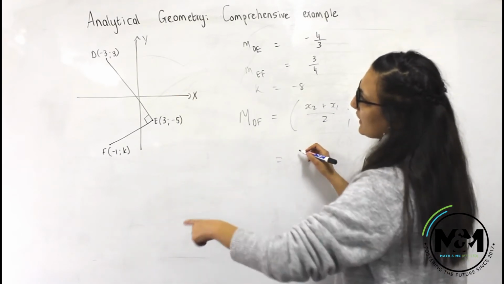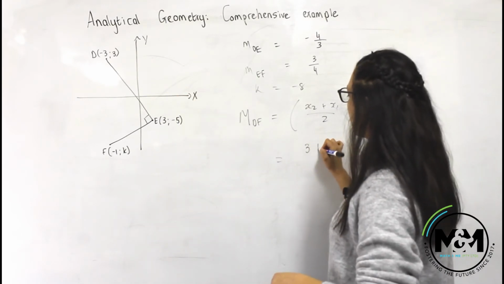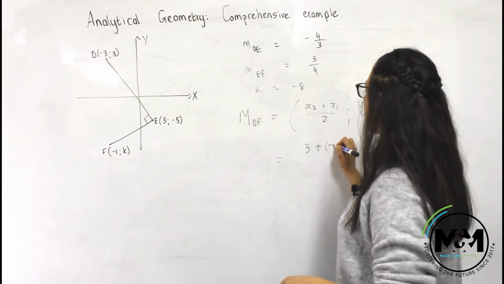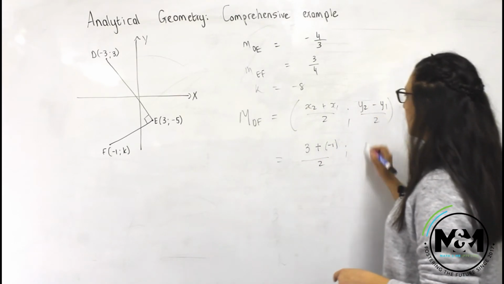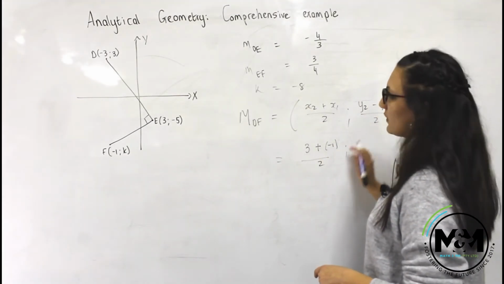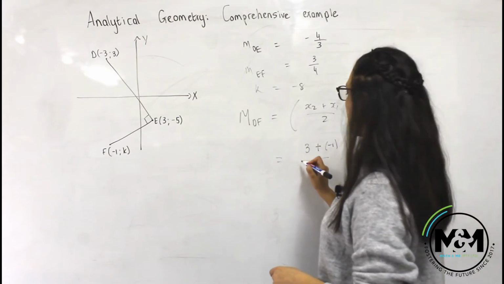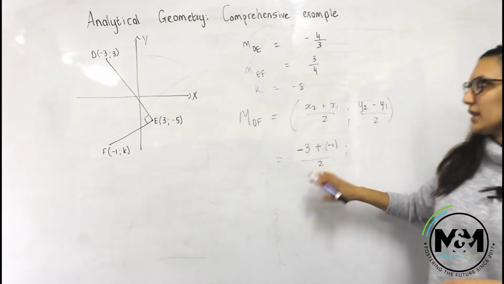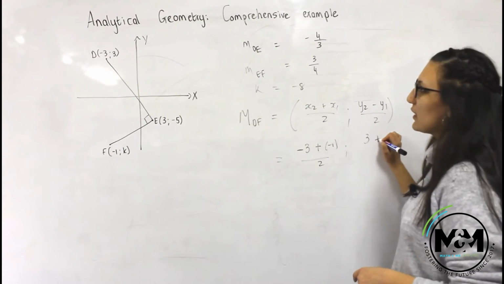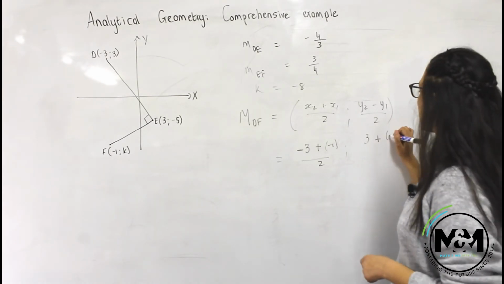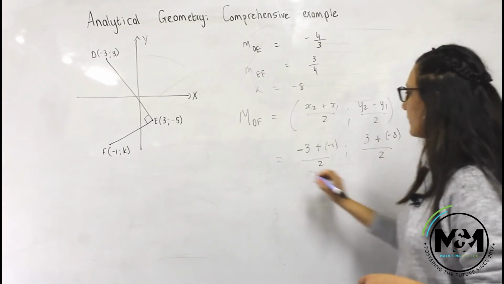Remember it's DF, so it's 3 plus negative 1 over 2, and then, sorry, this should be negative 3. There we go, negative 3, sorry. And then 3 plus k, which is negative 8, over 2.